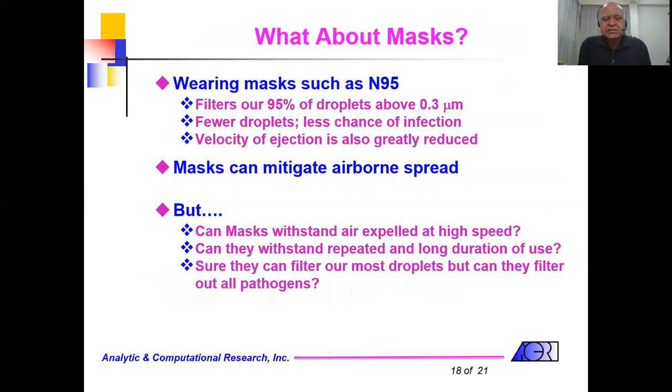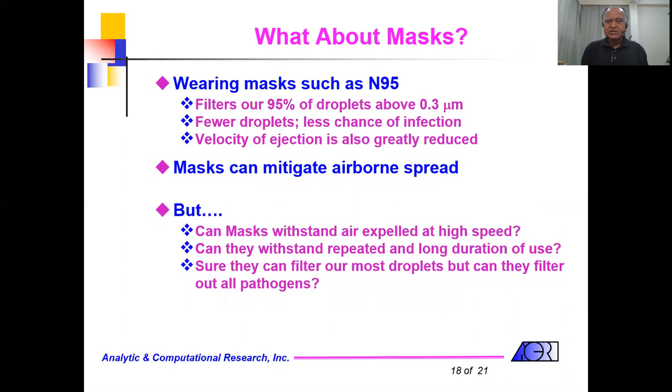What about masks? Well, wearing masks such as N95, it filters out 95% of the droplets above 0.3 micrometers, it is supposed to. So fewer droplets, less chance of infection. It also reduces the velocity of ejection for the person who's wearing the mask. The velocity of ejection is greatly reduced. So the mask can help mitigate airborne spread, but there are many questions.